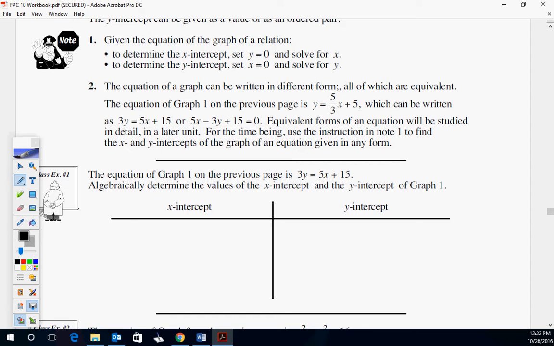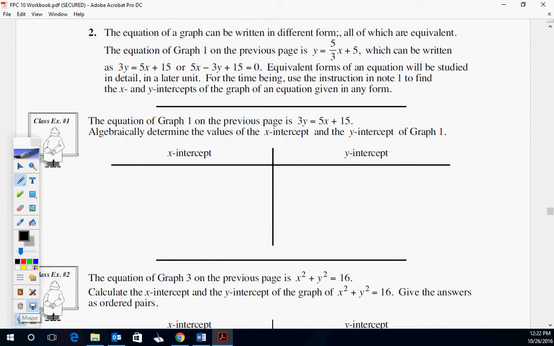Okay, the equation of a graph can be written in different forms, all of which are equivalent. The equation of graph 1, the one above, was y = 5/3 x + 5, which can also be written in this form. All they did was get rid of fractions. Anybody know how they got rid of fractions? Correct. Times by the denominator.